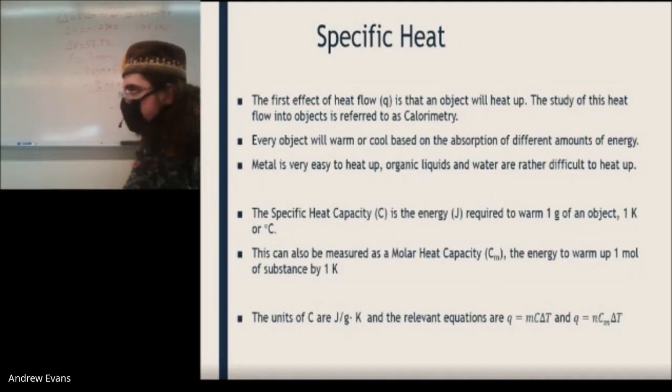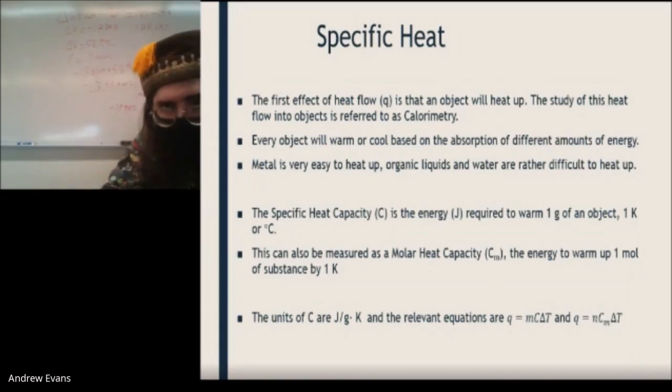If C measures the energy needed to heat up 1 gram 1 degree Kelvin, or 1 degree C, we need to take into account how many grams we actually need to heat up. And then we need to figure out how many degrees we are going to heat that object up. And so we will deal with Q equals mCΔT to calculate how much heat is required to do this.